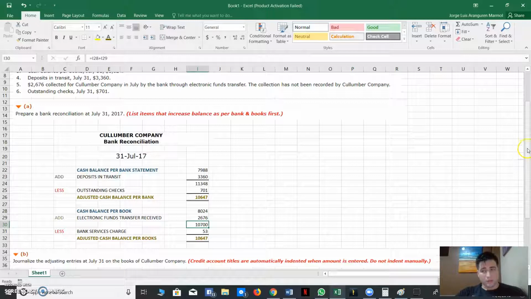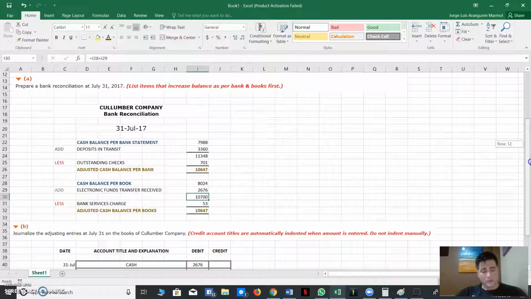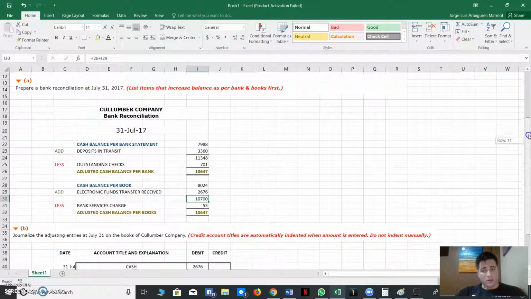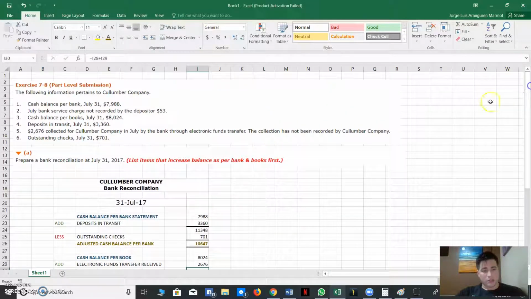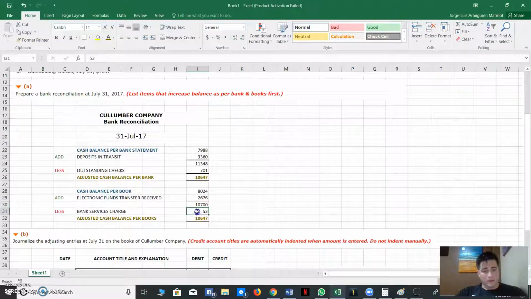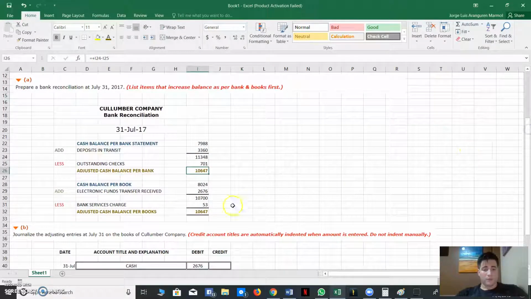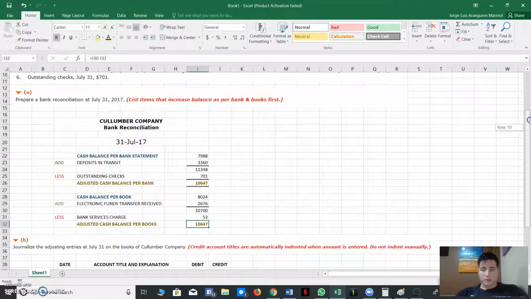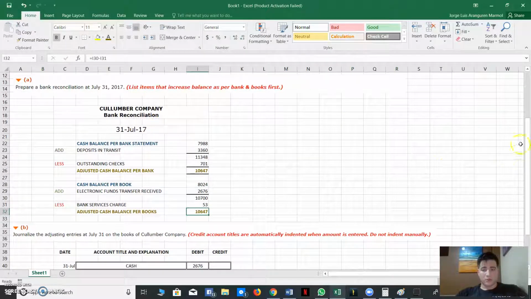We sum those values, and the result is 10,700. Then we need to subtract the bank service charge. July bank service charge, not recorded by the depositor, $53. We write down the value, $53, and the result is the adjusted cash balance per book. It's 10,647. We can see it's the same as the adjusted cash balance per bank. So this means that we did the bank reconciliation correctly.